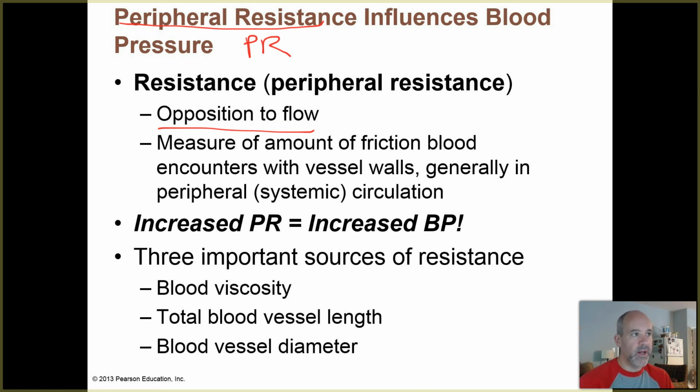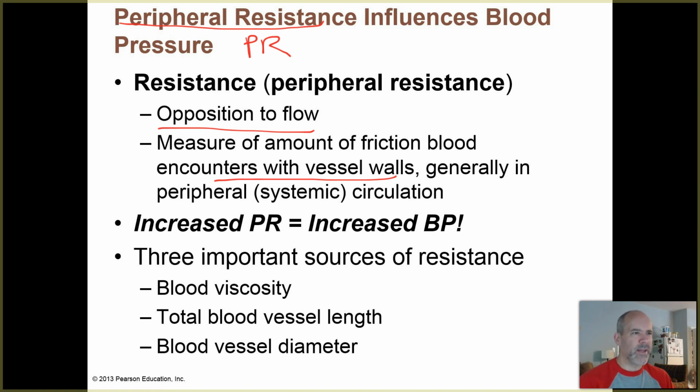And technically, it's a measurement of the amount of friction that blood encounters with blood vessel walls. So the more volume of blood that's actually contacting the walls of your blood vessels, that increases the amount of friction, that slows blood flow down. If you slow blood flow down, that's increasing resistance, and that winds up increasing your blood pressure.